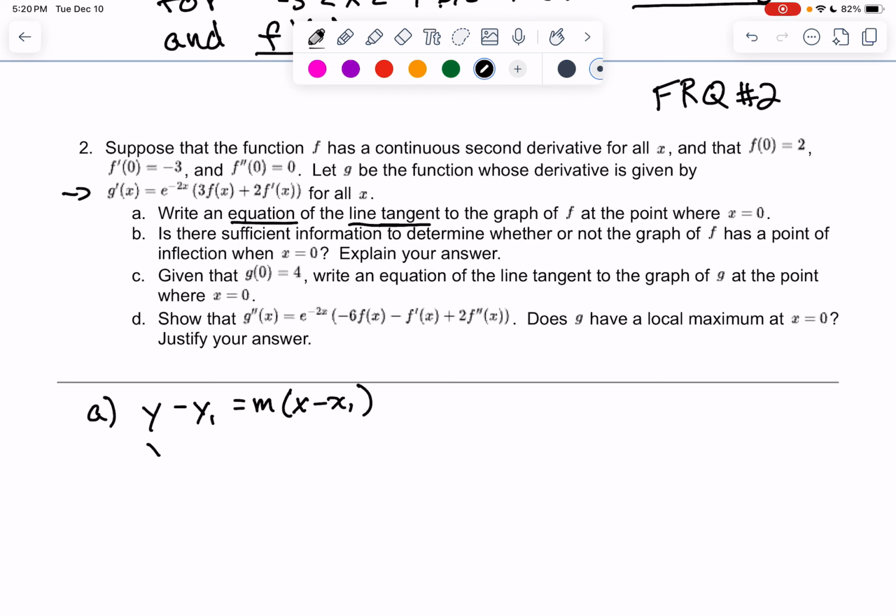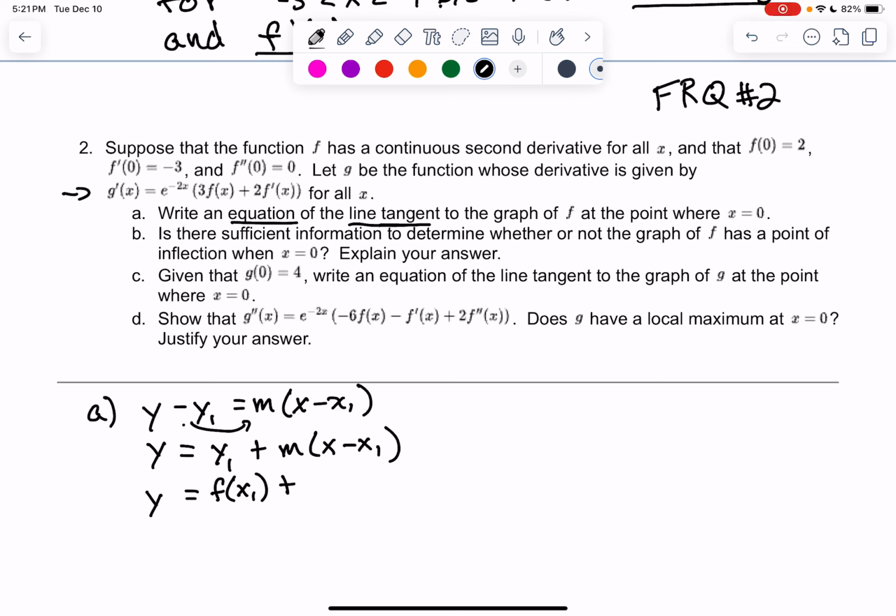So this is like saying y equals, if I move the y1 over, y1 plus the slope times x minus x1. But instead of y1, I'm going to call that f of x1, and instead of m for slope, I'm going to call that f prime of x1, times x minus x1.